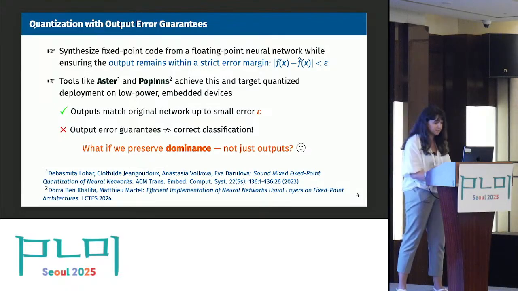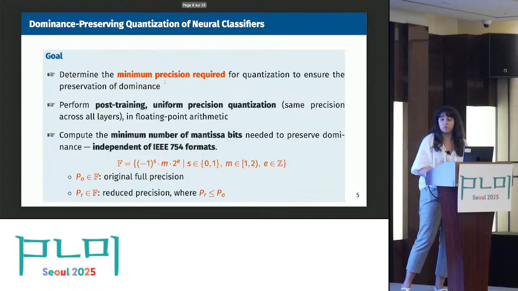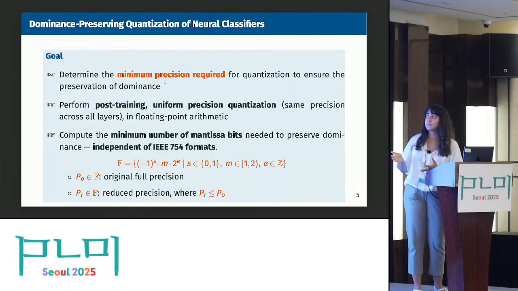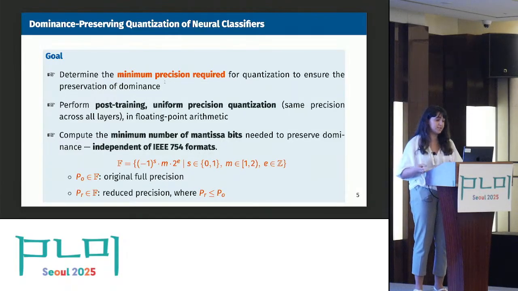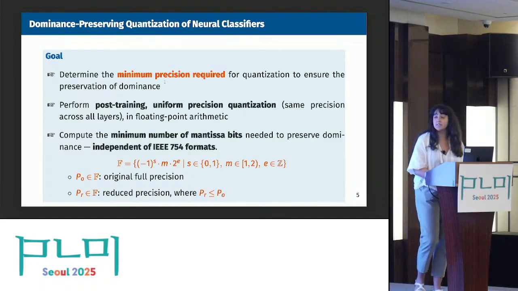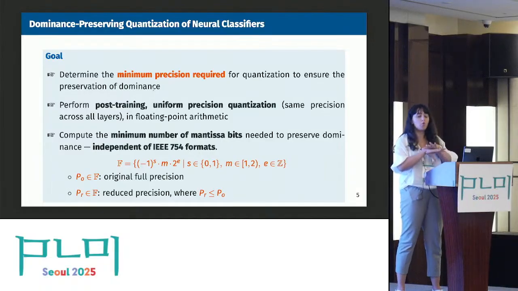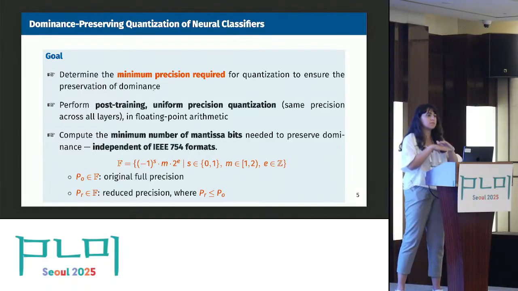So how to do that? This is what I will explain in this talk. The goal is to preserve dominance under quantization of neural classifiers. We proceed by determining the minimum precision required for quantization to ensure the preservation of dominance. We will perform only post-training quantization with uniform precision. Uniform precision means that we have only, for example, 16 bits or 32 bits.